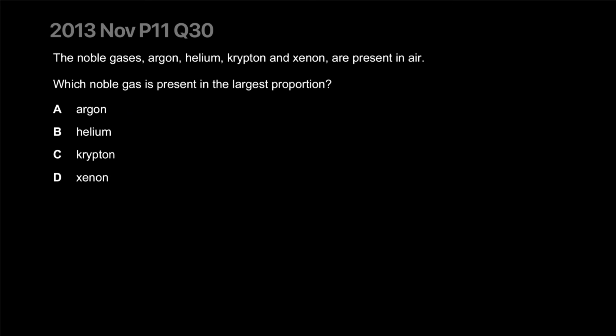I think how I know argon is there is because argon's atomic mass is very close to the average atomic mass of air. Let me just take a quick look.